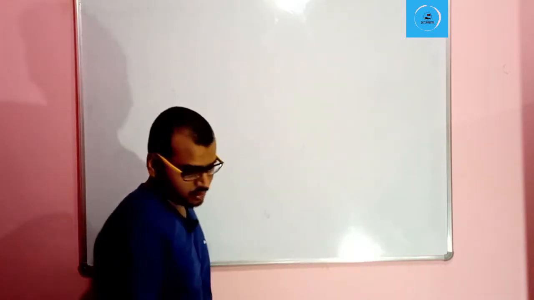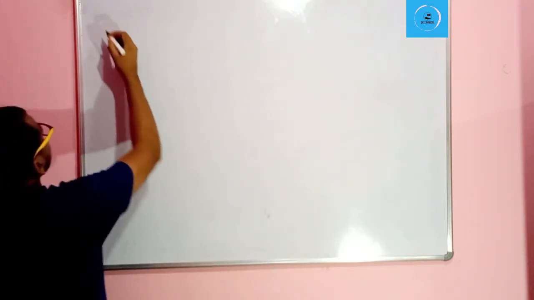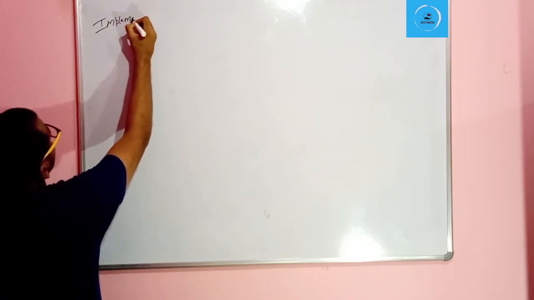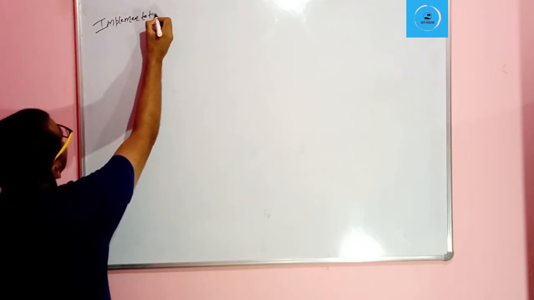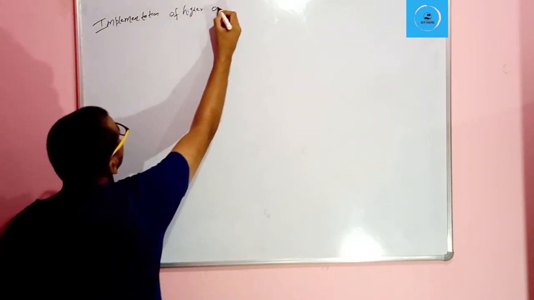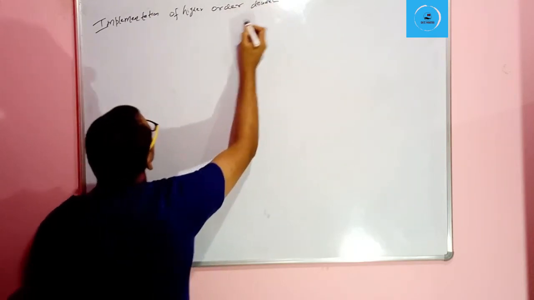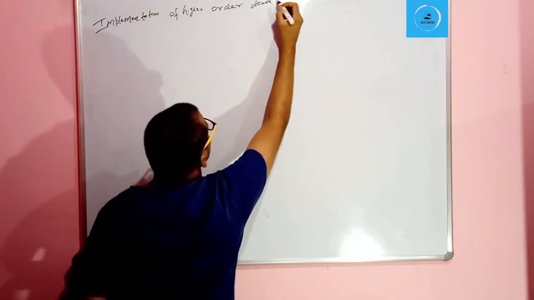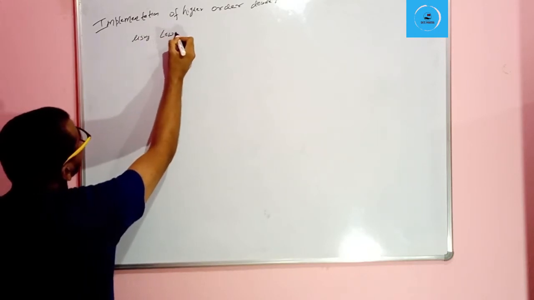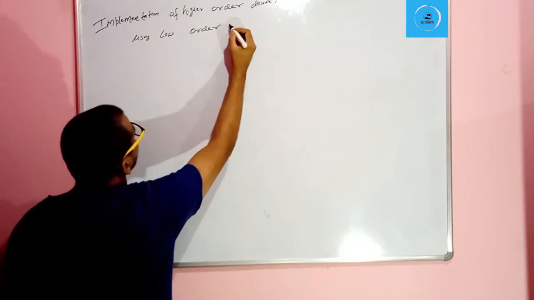Here we will see how we are going to implement the higher order decoder using the lower order decoder. Implementation of higher order decoder using low order decoder.